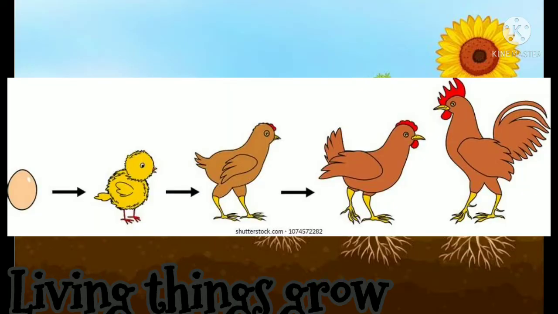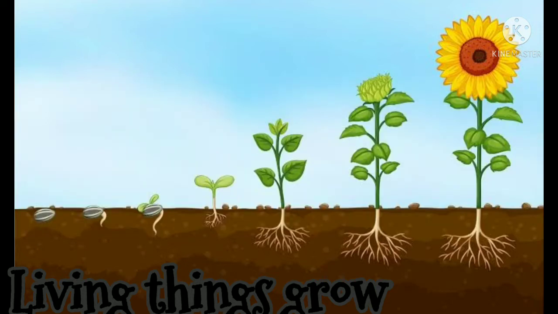Animals also grow. For example, a hen lays eggs which develop into chicks and then into hens. In the same way, the seed of a plant develops into a baby plant which grows into a big tree.